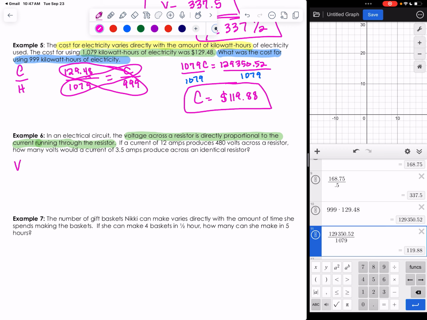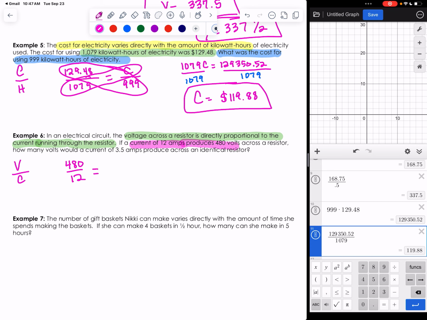The voltage is directly proportional to the current. All right. So in our next sentence, it says if a current of 12 amps produces 480 volts. So remember, the volts need to go on top. The current goes on the bottom.